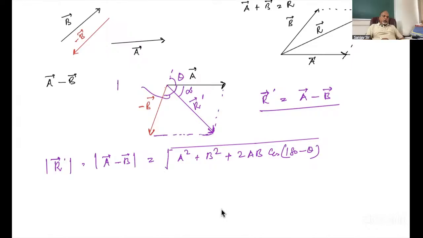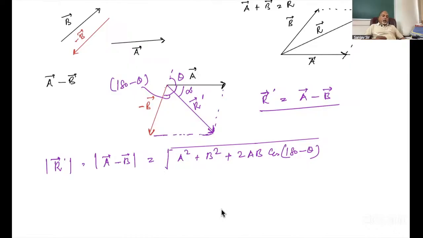The angle between A and B is theta. Then the angle between A and minus B is basically 180 minus theta.